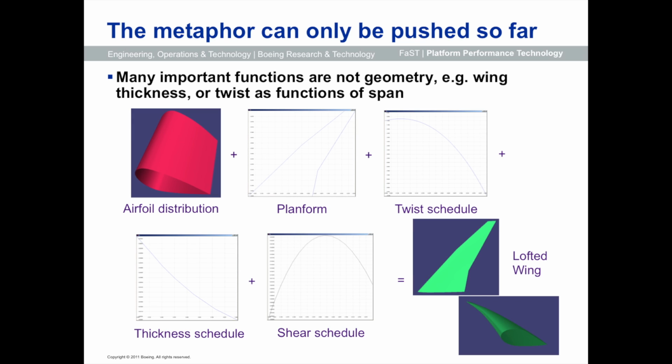And if you pass these 5 spline functions to the wing lofting command in GuiDuck, out will come a new spline mapping with 2 independent and 3 dependent variables that gives you a lofted airplane wing.